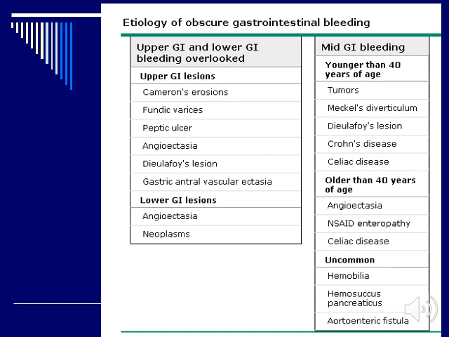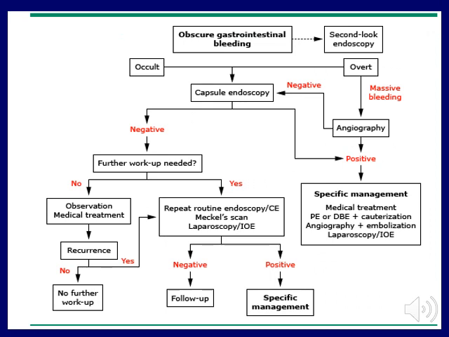Very rarely it is hemophilia and other rare causes. What to do in those patients? If the patient has obscure GI bleeding, you should do second look endoscopy, upper and lower. If it is negative, then you go for capsule endoscopy, angiography, and, if negative, enteroscopy.